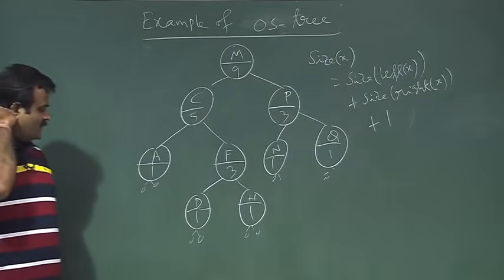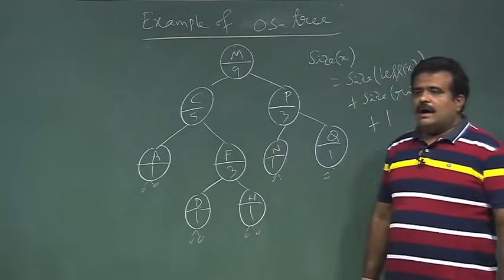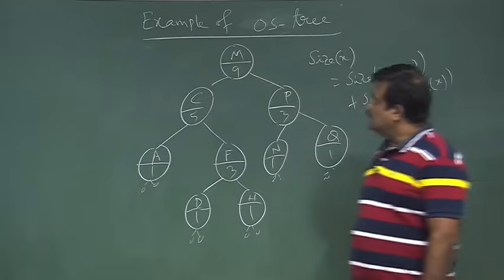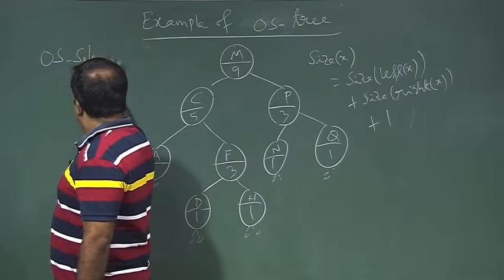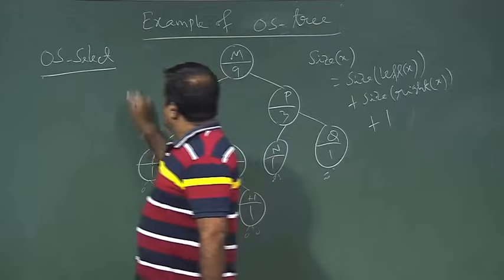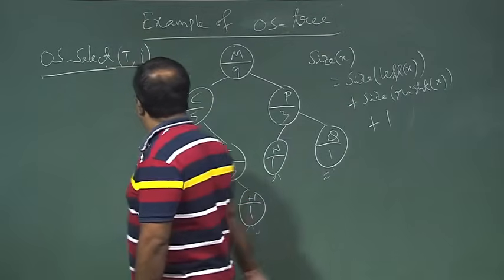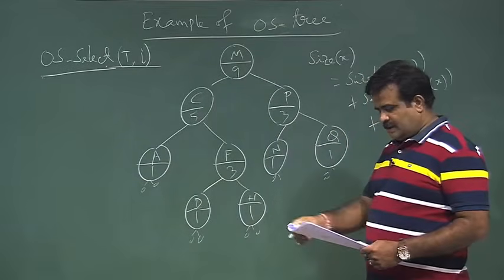Now, suppose we maintain this size. How will it help us to find the ith smallest element? So, that is called OS select. We want to get the ith smallest element in this.